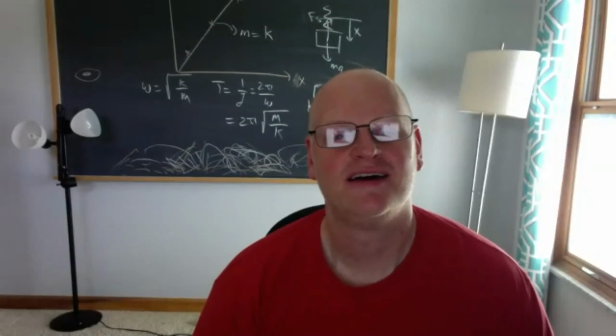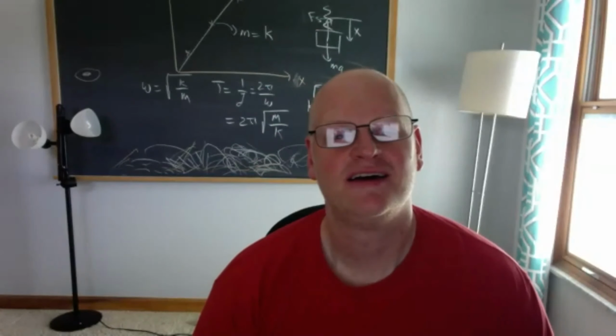I think we feel good on the T equals 2 pi times the square root of m, but I was confused on how you got that instead of k. It'd be times the square root of m over k.